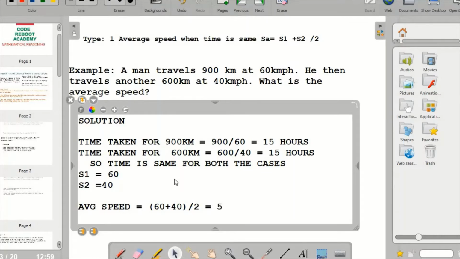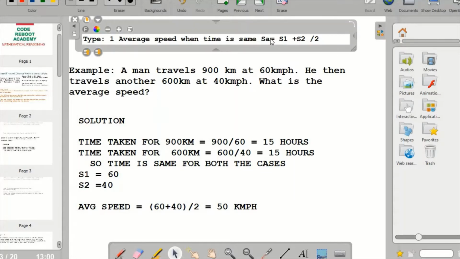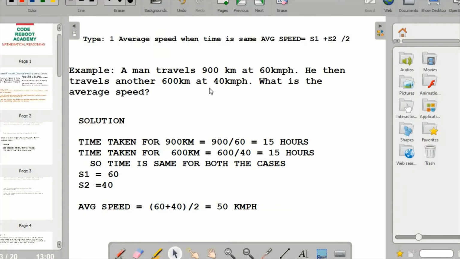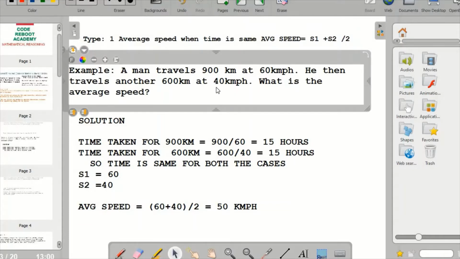So we'll get 50 kilometers per hour. Okay. Do you have any doubt? If you have any doubt, just WhatsApp me. So average speed equals this, and this is the first type of problem.